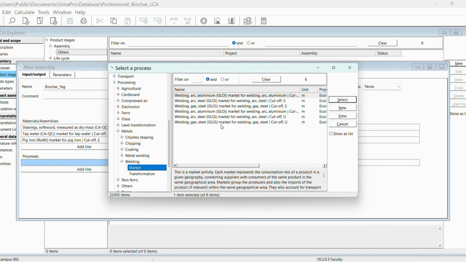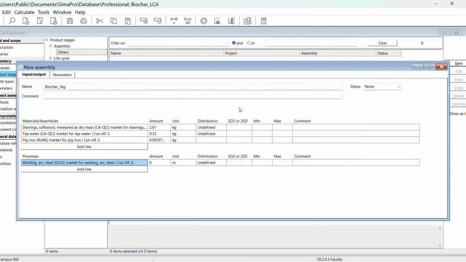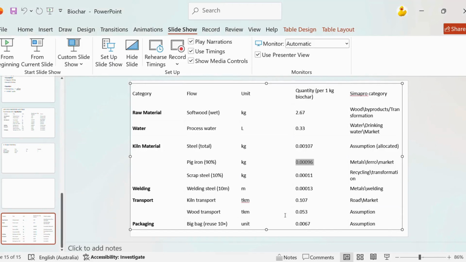Let's consider welding, arc welding for steel. Arc welding for steel. Let's select system. And during manufacturing of that kiln, 0.00013 meter welding is associated.